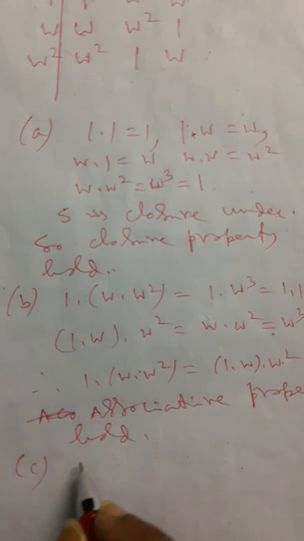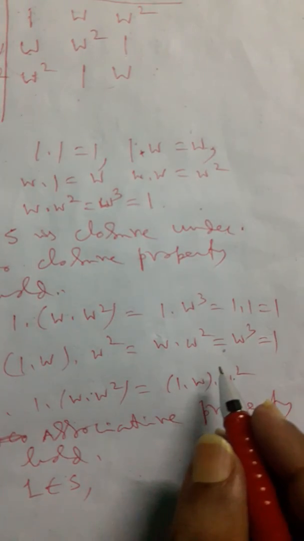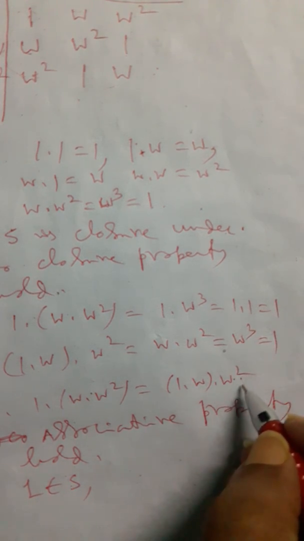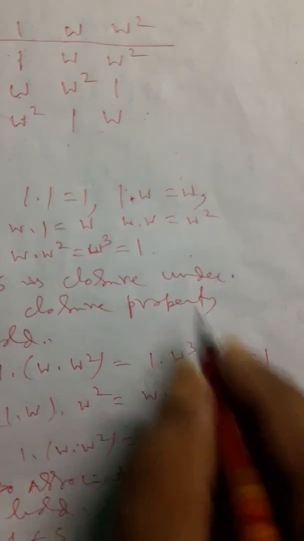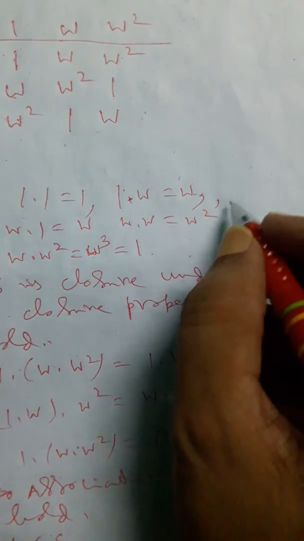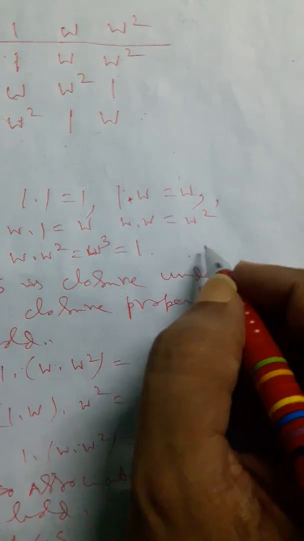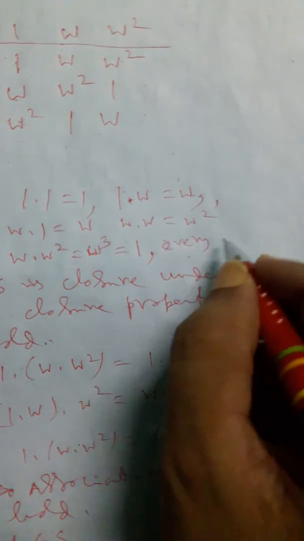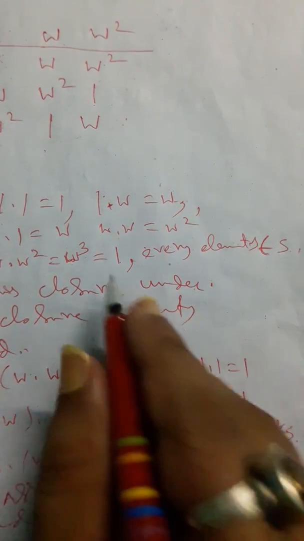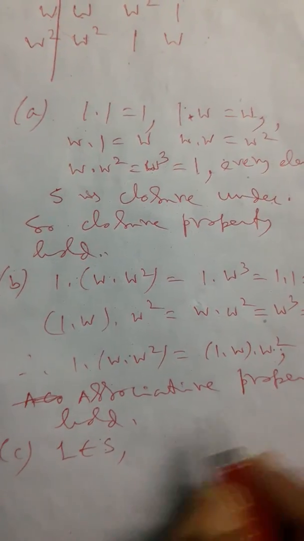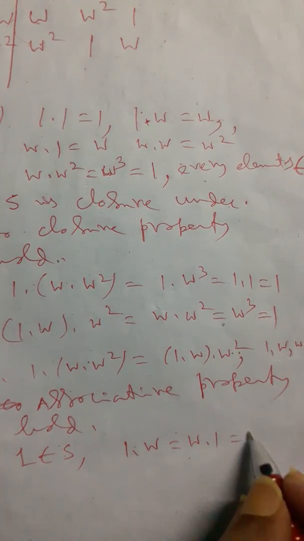Next, 1 belongs to S. Here also it is to be noted that every element, that is 1, omega, omega square, belongs to the set S. 1 belongs to S, and it is clear that 1 dot omega is equal to omega dot 1 equals omega.